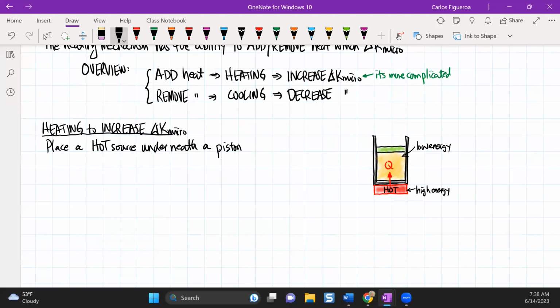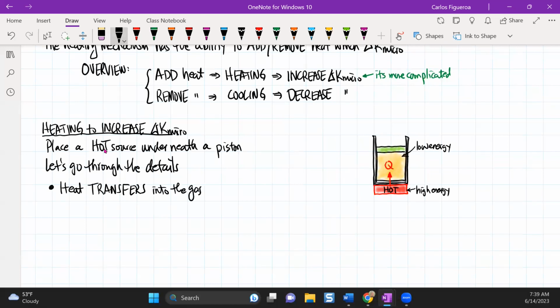Now, let's go through the details. The first thing I would say is that heat transfers into the gas.